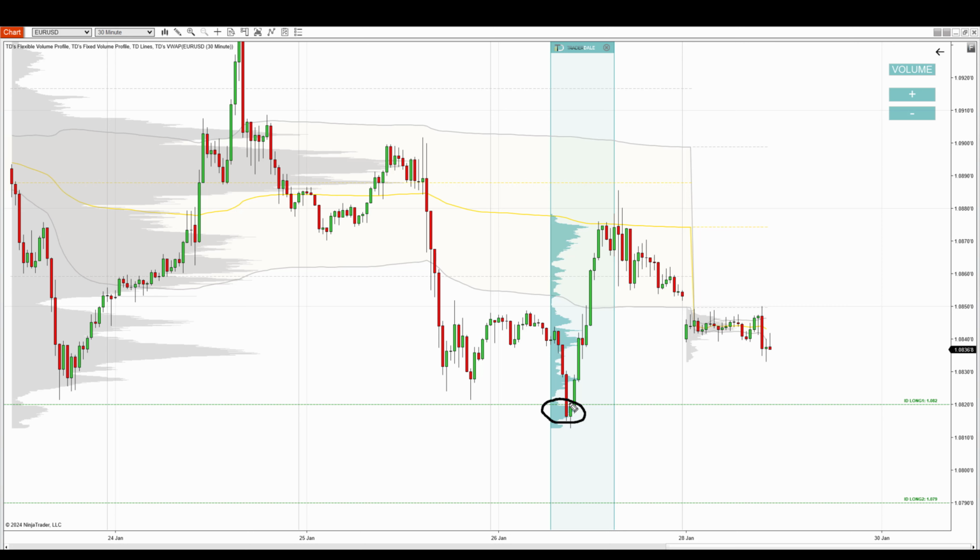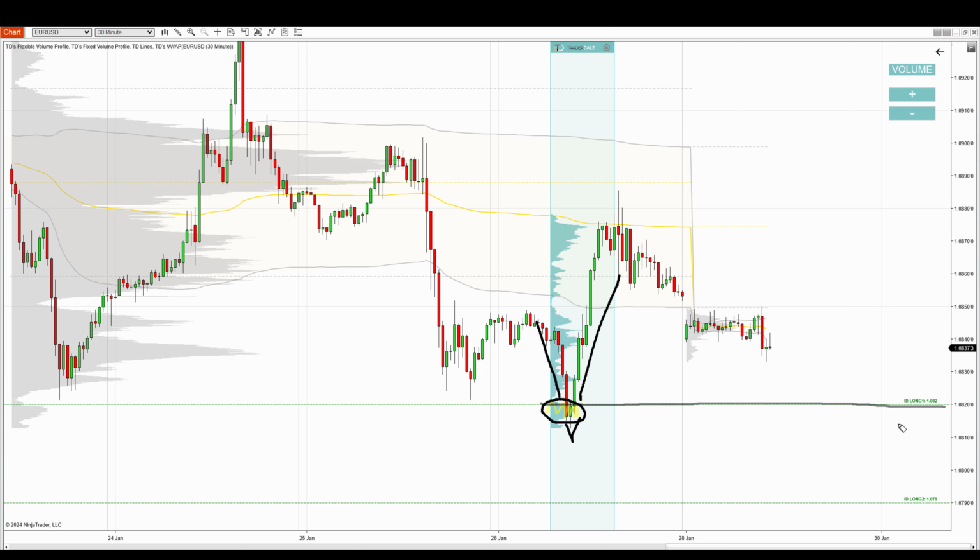What such a volume cluster is telling us when it is formed within the rejection is that buyers started to buy aggressively in this place, and eventually they bought everything the sellers had to sell and they started to push the price upwards. So this is an important zone for the buyers, and the zone begins in here at our level.